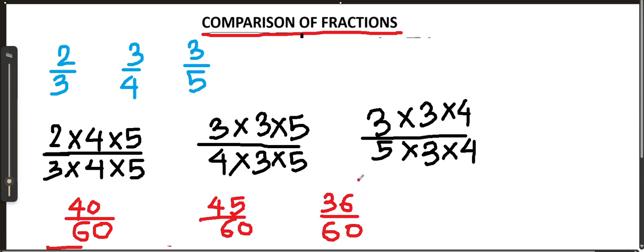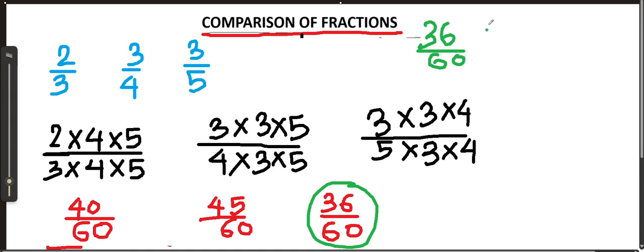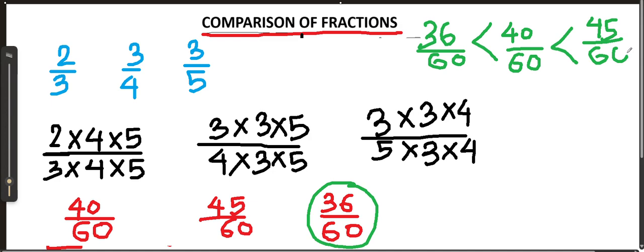By now, friends, you have already learned how to compare the fractions when we have the same denominators. We already see here that this is the lowest one. So let's write that. 36 over 60 is the lowest one, which is lesser than 40 over 60, which is yet lesser than 45 over 60, right?